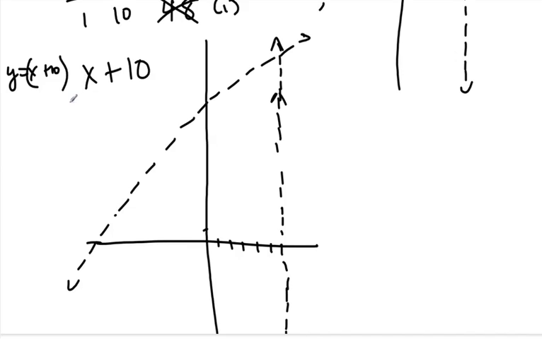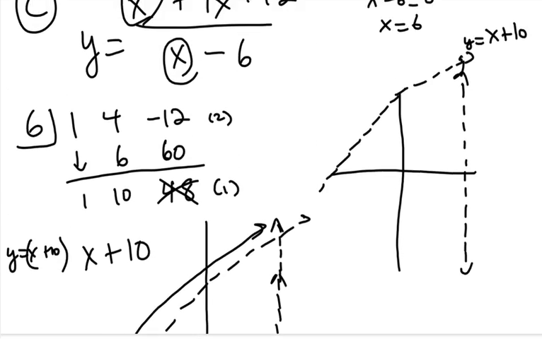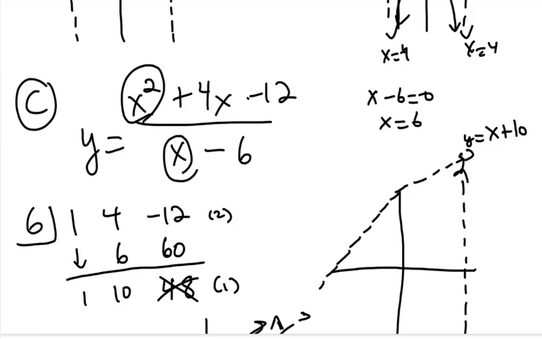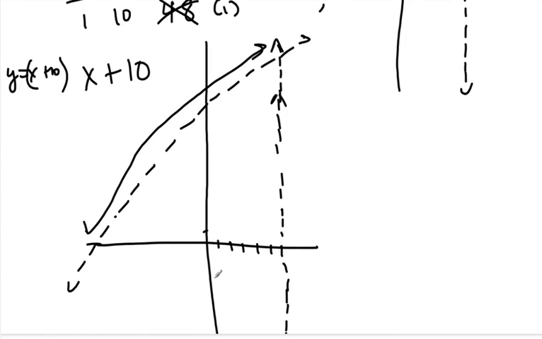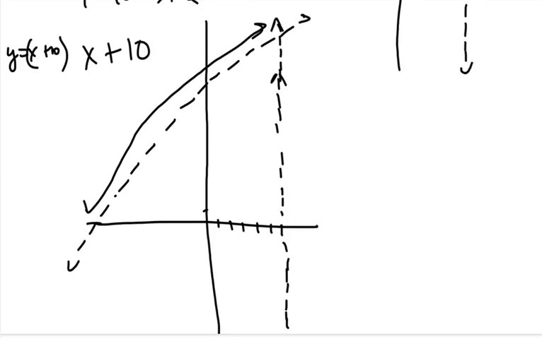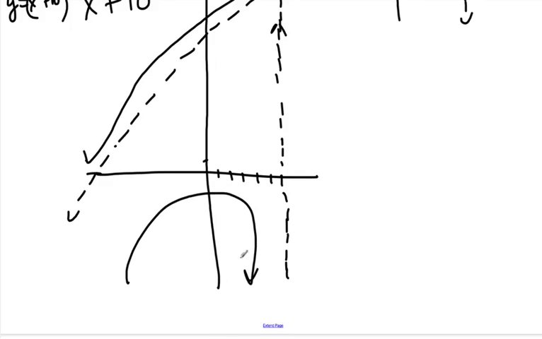So what's going to happen is our oblique asymptote is going to just look like this. And then at x equals 0, y is negative 12 over negative 6, which is 2. So it's going to be down here. So it's going to look something like this.